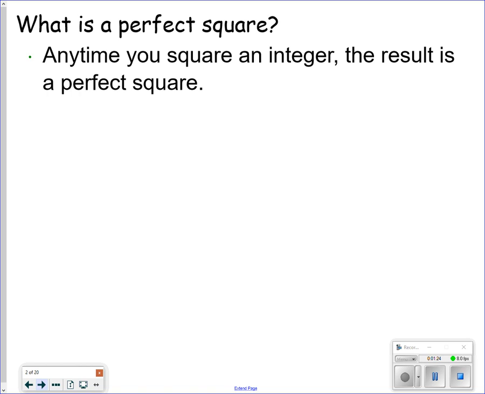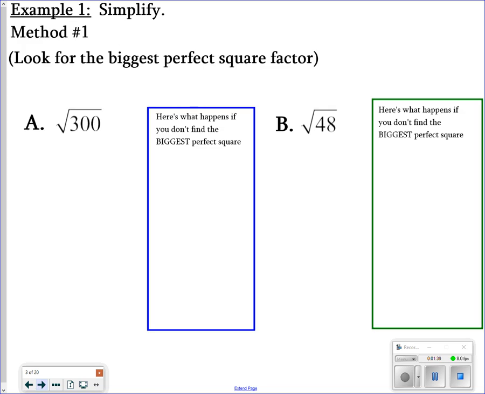Now you really should know the first 12 perfect squares. You don't need to know 1, but 4, 9, 16, 25. I know I went out of order there, so I probably should change that. 25, 36, 49, 64.